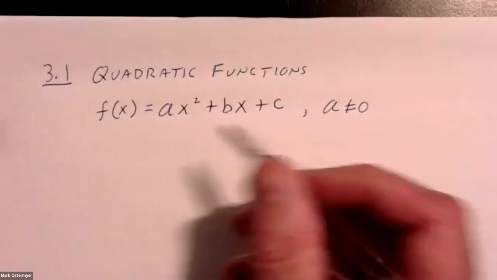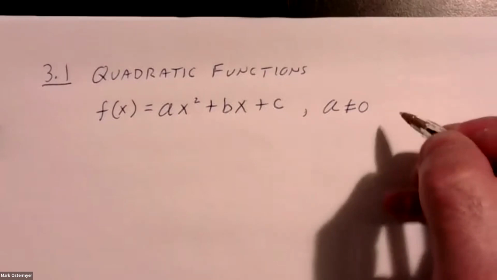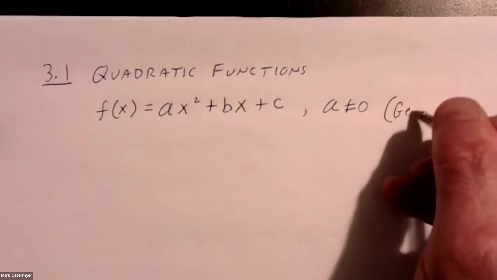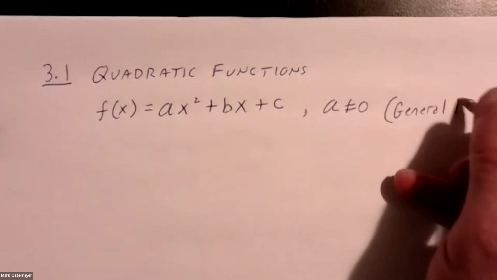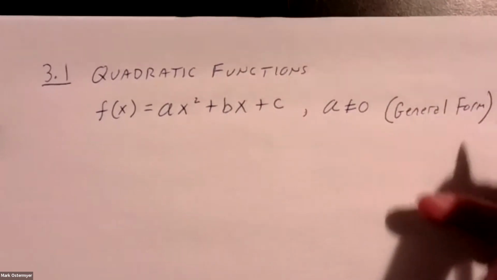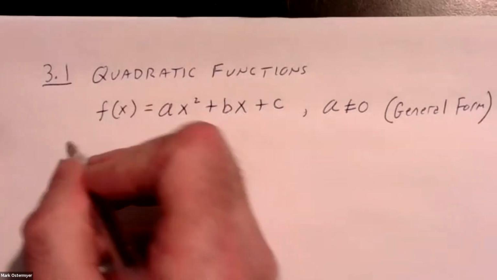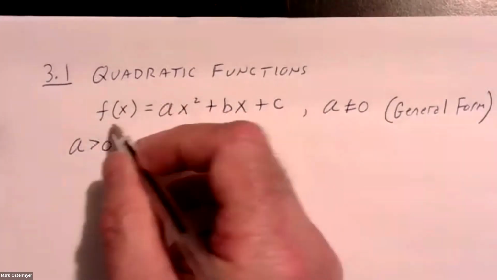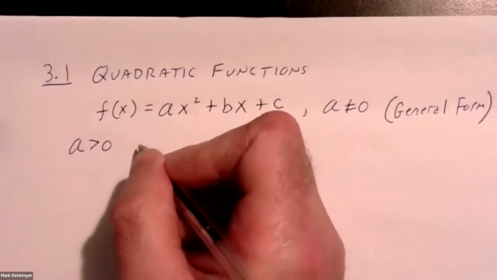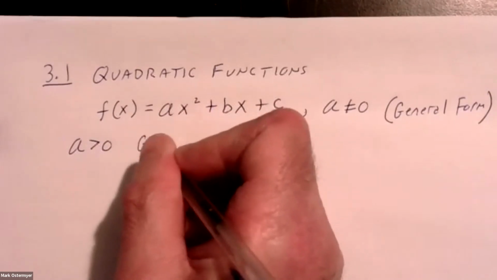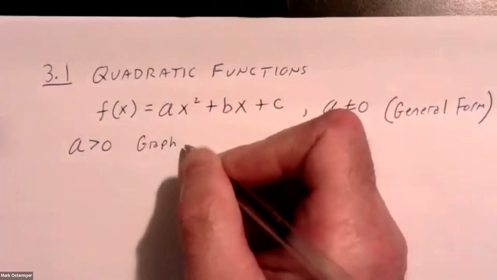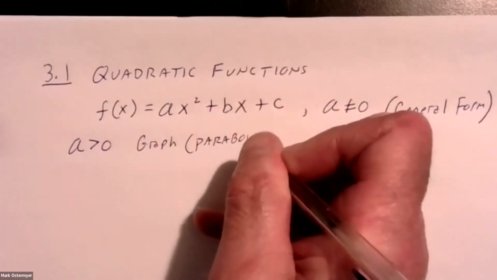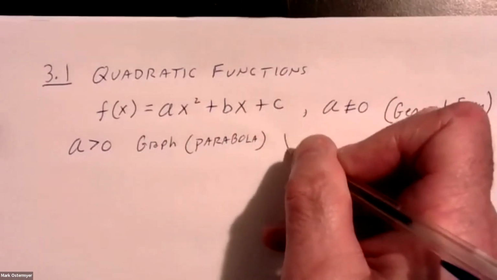All right, now this form here has a name. It is usually referred to as the general form for a quadratic function. If our leading coefficient a is greater than 0, then the graph of this quadratic function, which is always going to be a parabola, will open upwards.